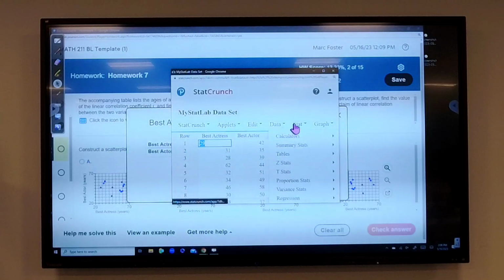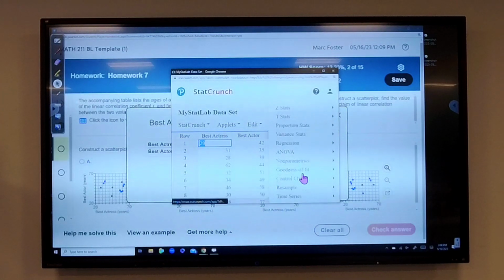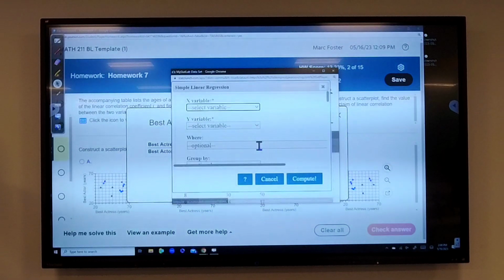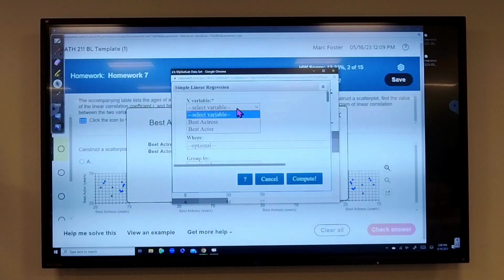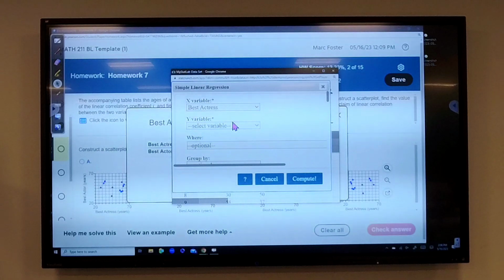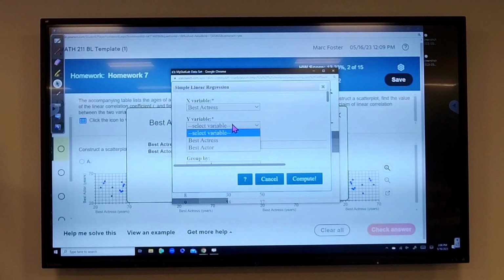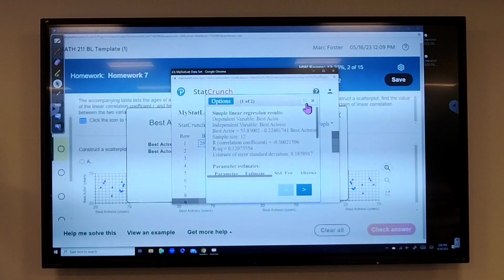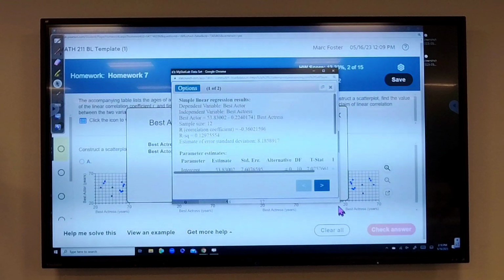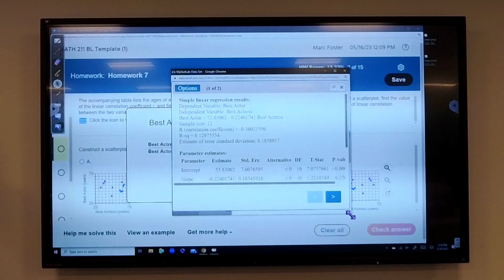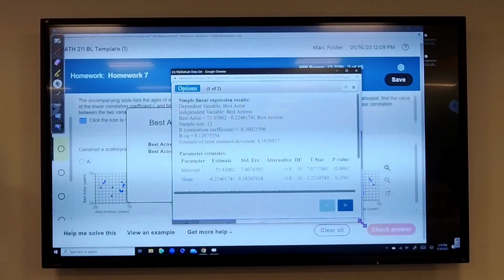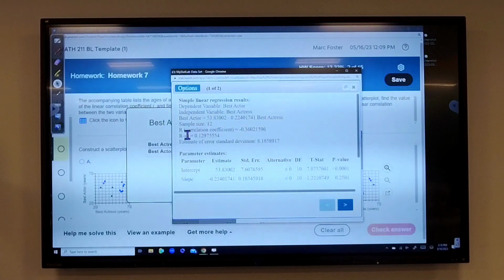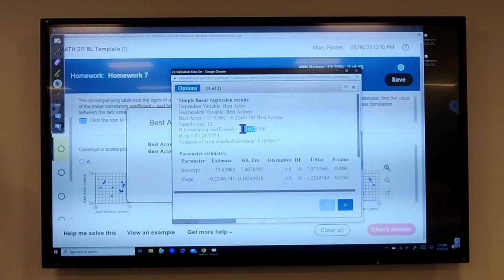If I open my data in StatCrunch and go to Stat, Regression, Simple Linear, the X variable is always the first one, the Y variable is always the second one. Let's look at our R value here.